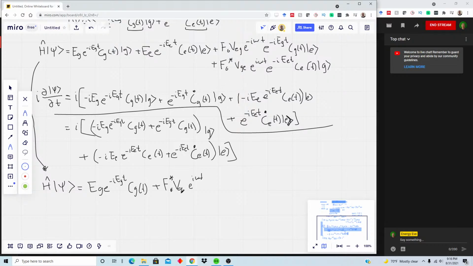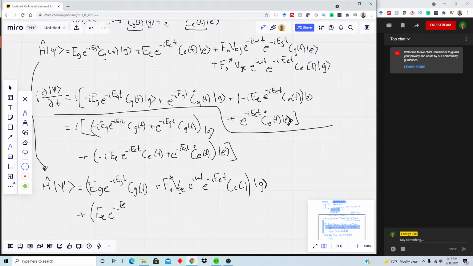This is GE n times that. Plus, and then let's now group up our excited state terms. So that was the first term, and then this term.